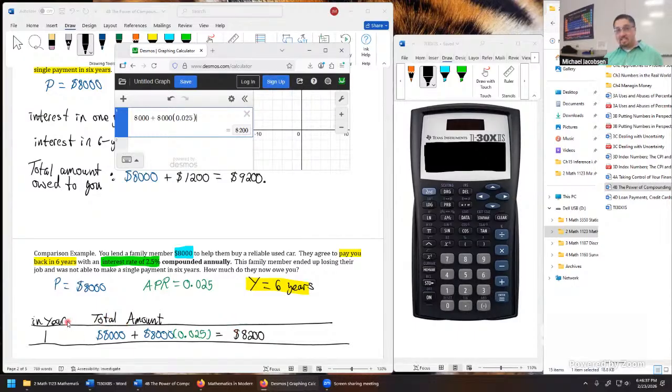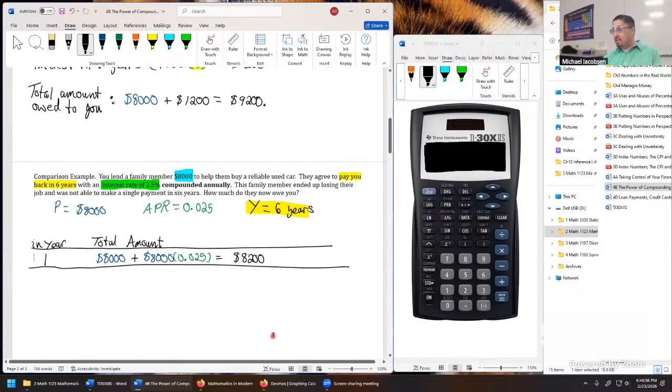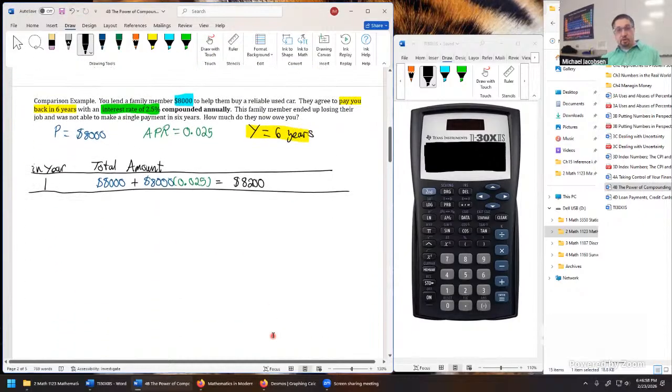Sorry for the missteps getting started on it. Does that make sense to folks on getting that first row there? Okay, so 1 year's gone by. The family member, I'm imagining a sibling when I think that, has not paid anything on this loan. And now we're going to look into what if 2 years have gone by.